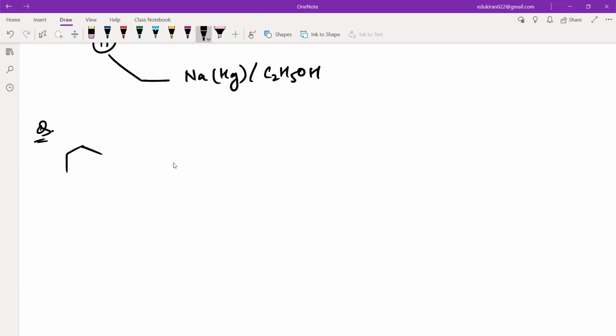Even if you have, let us say, nitrobenzene, and you treat this with H2 in the presence of Pt, then also you are going to get aniline. This is the preparation of aniline, right? NO2.